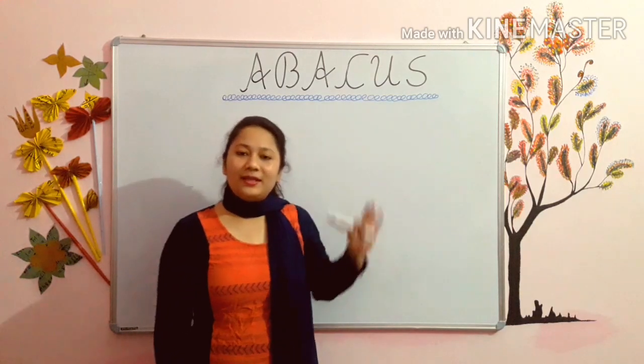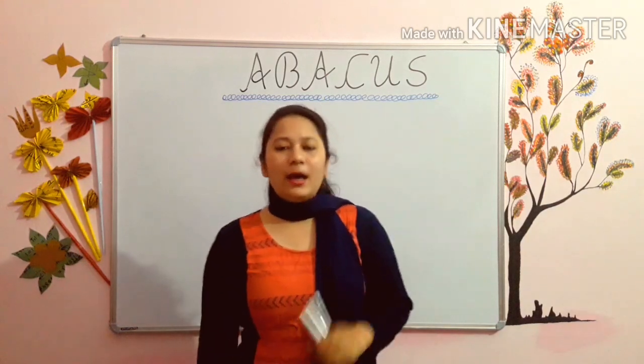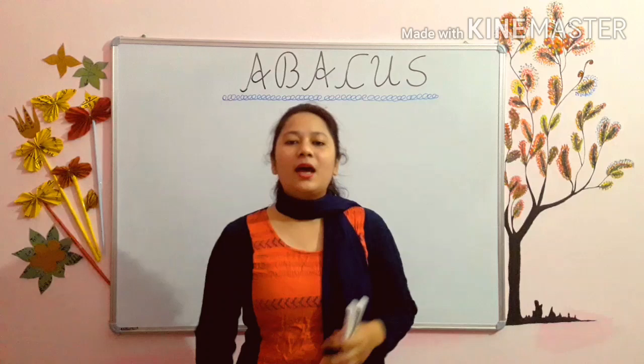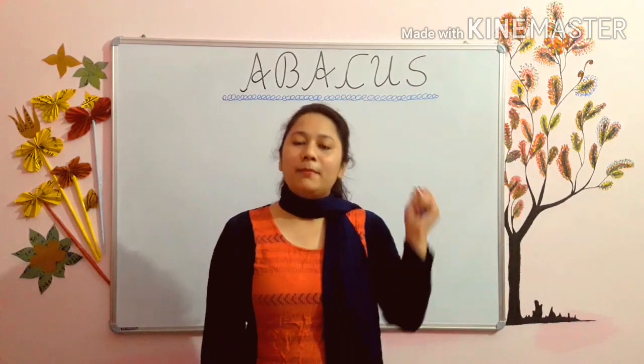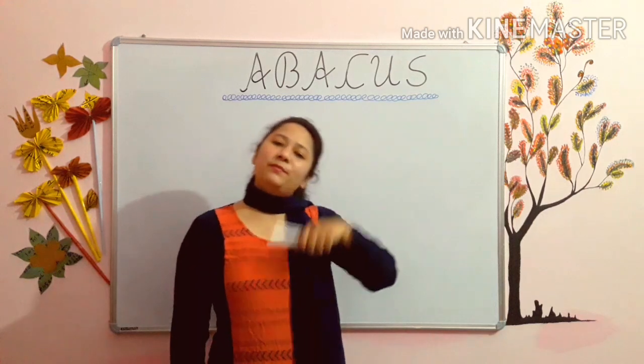As you know that this is your Abacus class. And today, we will learn a new thing, means our today's topic. But before we start, I will give you some knowledge of previous topics.